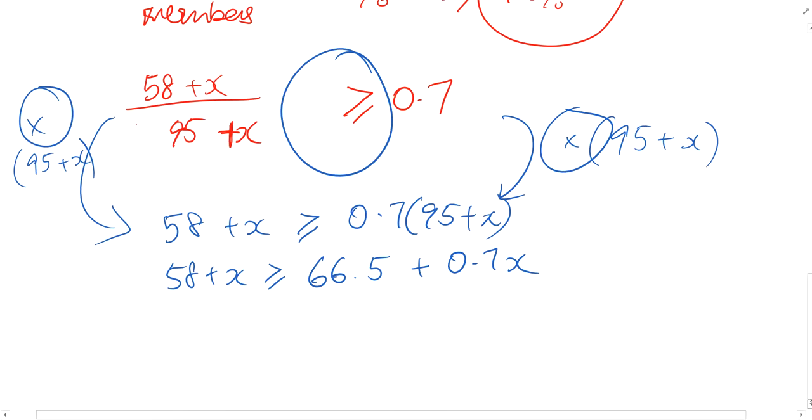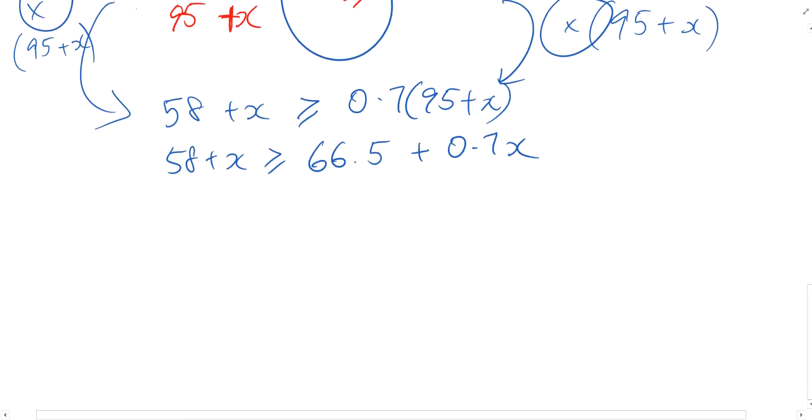And what should we do to both sides? Minus 58, okay? So x greater than or equal to, what is 66.5 minus 58? 8.5, sorry. Then on the other side, plus 0.7x, right? Then minus 0.7x. Okay, let's remove this. I know that this will be 0.3x, right?